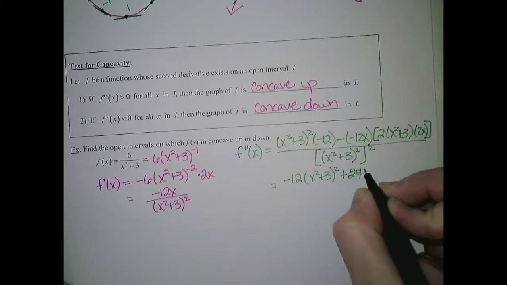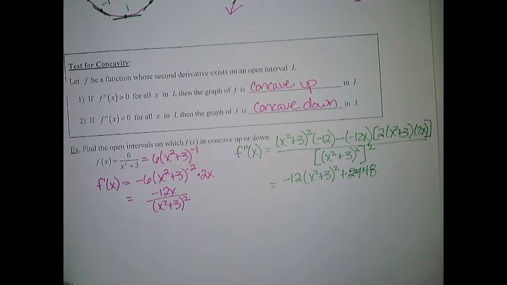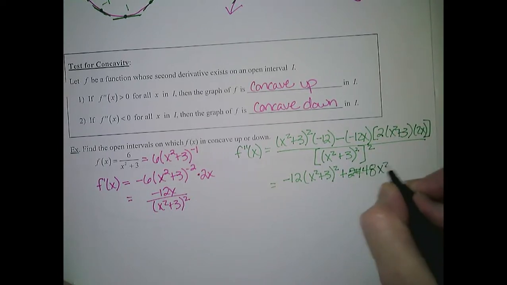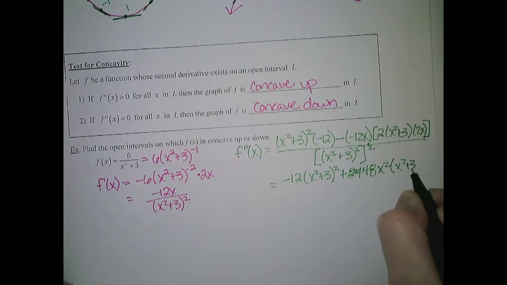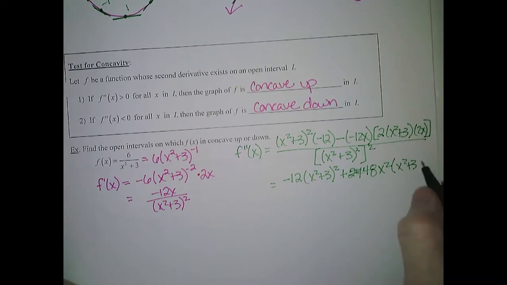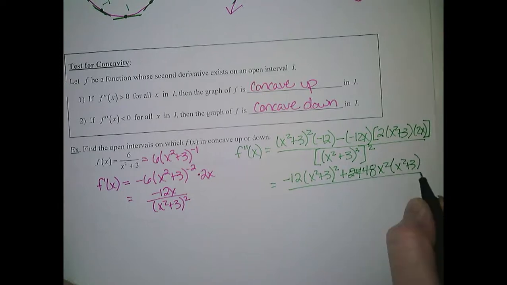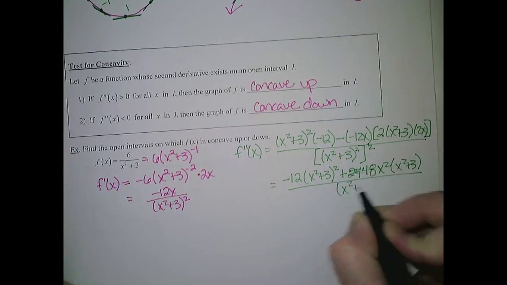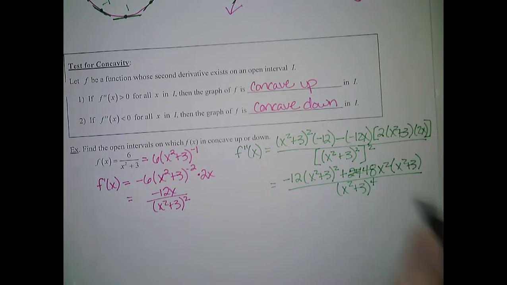Scratch that out, 48. x times x gives us x squared. And then we have that times another (x squared plus 3). Over the denominator squared, which is going to be (x squared plus 3) to the 4th.